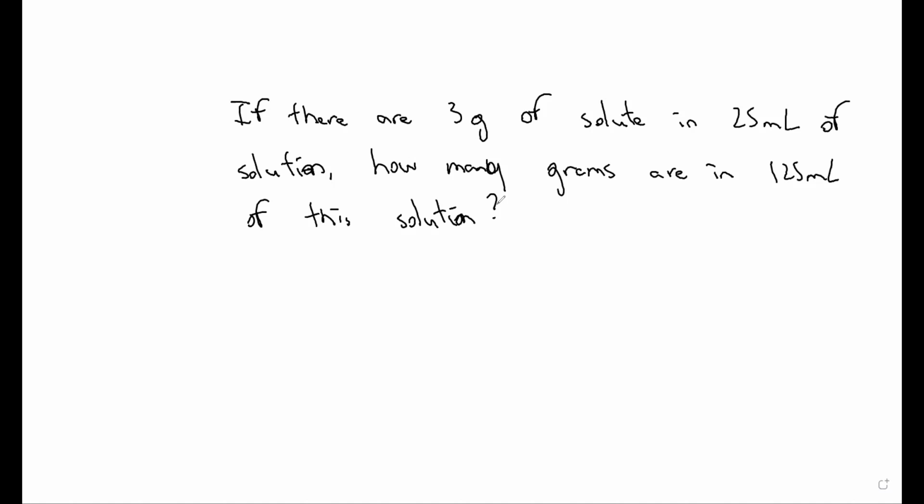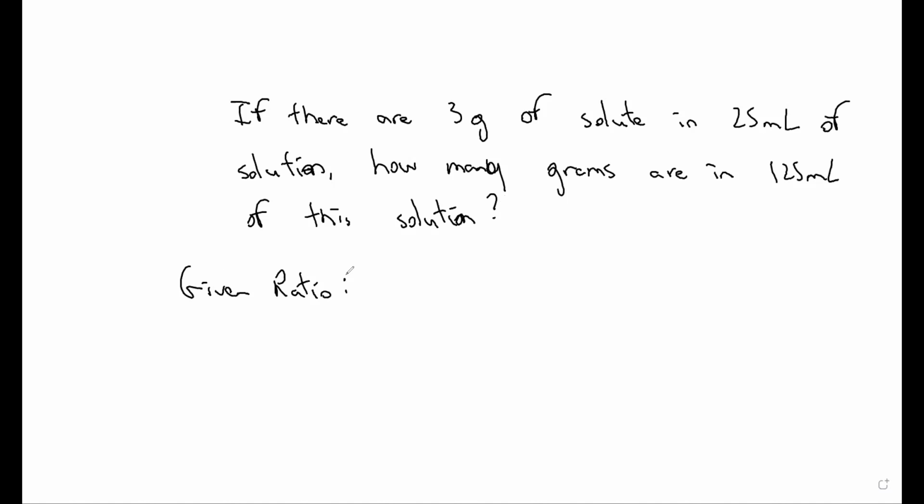Okay, so the first thing you do is you set up what is called a given ratio. So the given ratio is where you pick 2 pieces of info that specifically are paired together with each other. And in this case, there's only two pieces of info that are specifically paired together. It's the fact that 3 grams of solute is in 25 milliliters of solution.